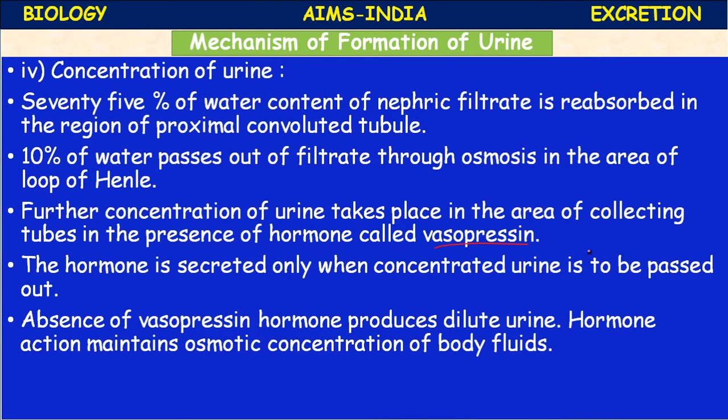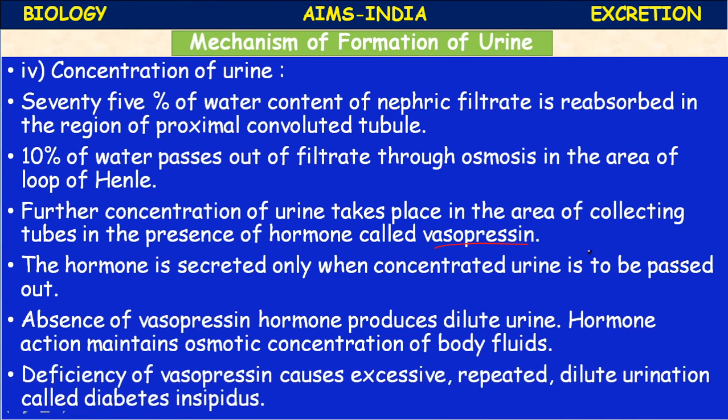Okay, there is one disease called diabetes insipidus, whose symptom is the excretion of excess urine, passage of excess urine. Okay, the deficiency of vasopressin causes excessive repeated dilute urination called diabetes insipidus.